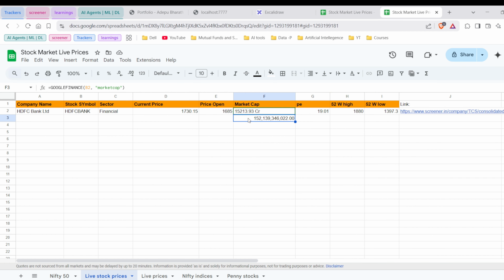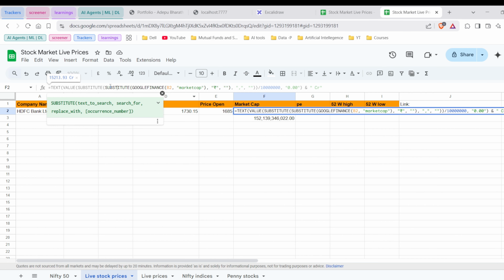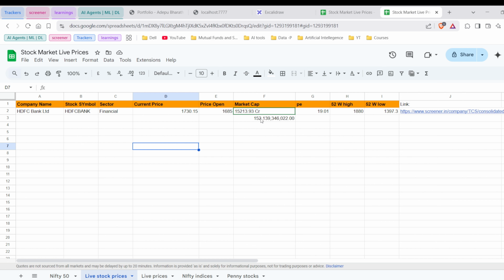So it is currently in rupees, but I just wanted to convert it to crores. So here you can see from this GoogleFinance, I'm getting the market cap. After that, I'm adding 3 extra functions like substitute, value, and text. Based on these functions, it is going to convert this amount into crores. Now let's see the proof of how it is converting.